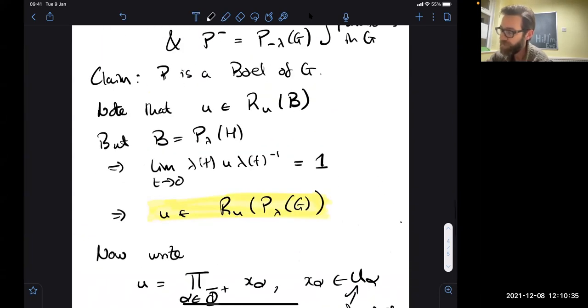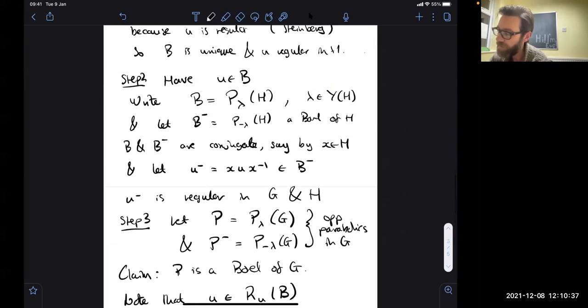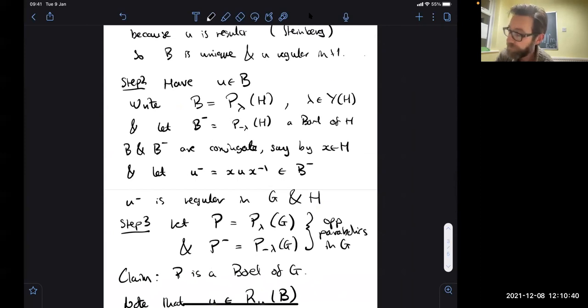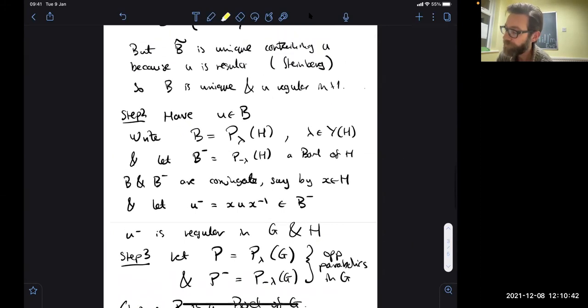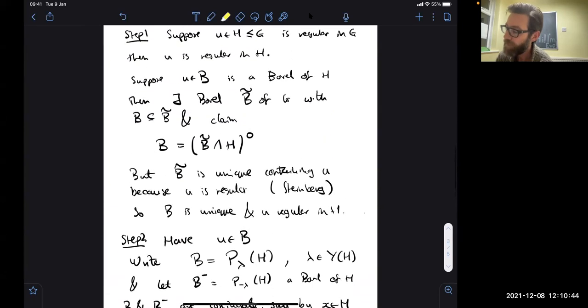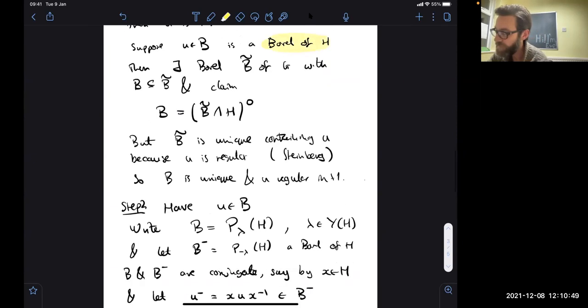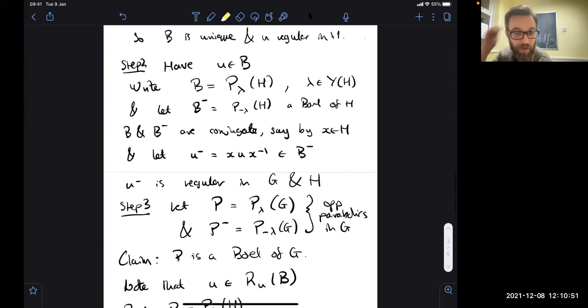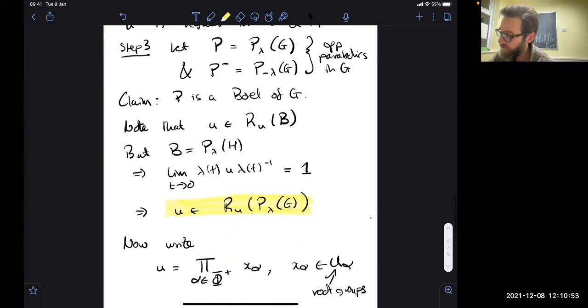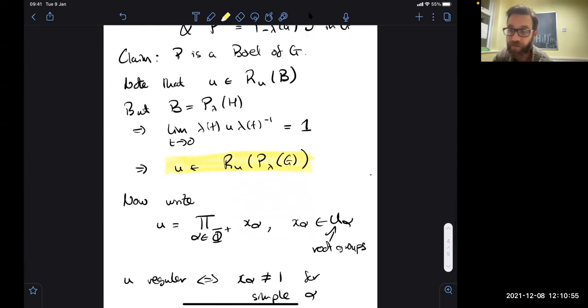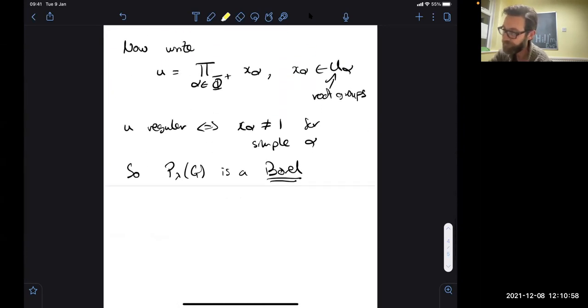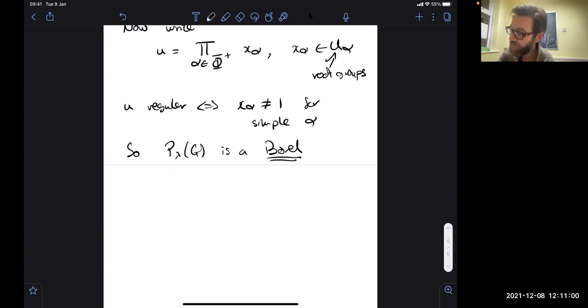Okay, so this is not a massive surprise. I started with a Borel of H up here, right up at the top. I've done some fiddling around with this lambda mumbo jumbo, and I've ended up blowing it up into a Borel of G. Okay, so in fact, the conclusion is that this P, which is the P lambda of G, and P minus are Borel subgroups.